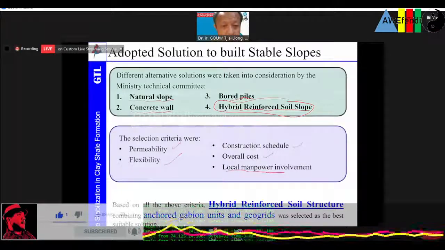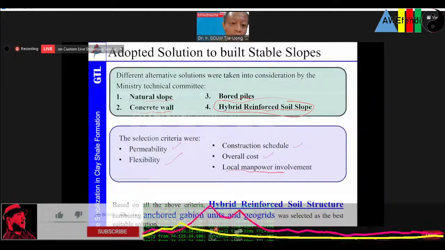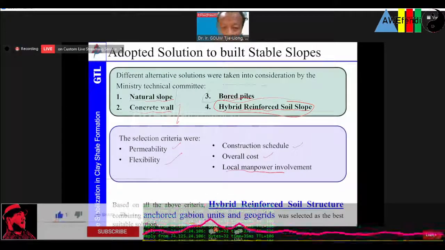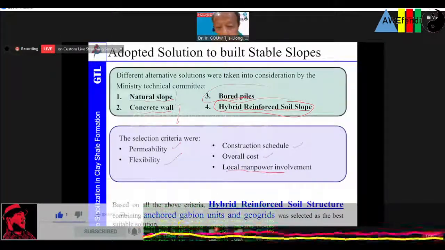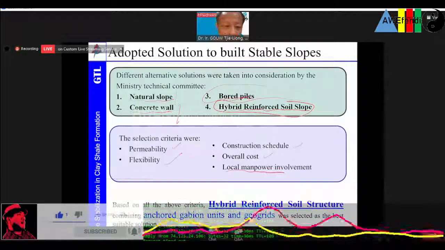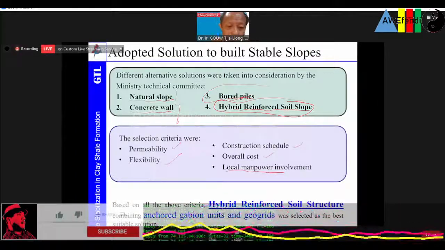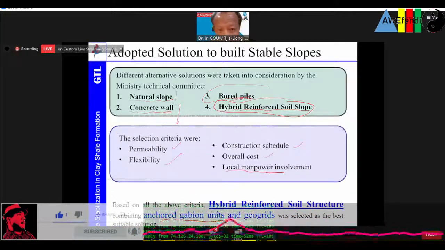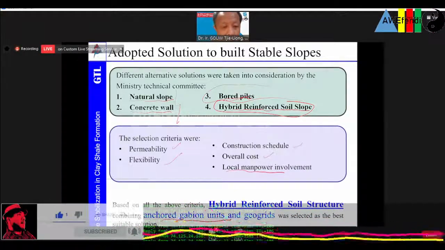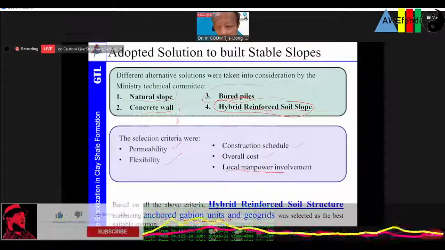Based on all the above criteria, the hybrid reinforced soil structure, or geosynthetic reinforced soil structure combined with anchor gabion units and Geo Grid, was selected as the best suitable solution for this project.